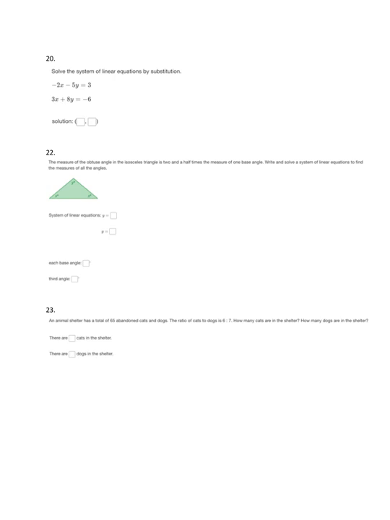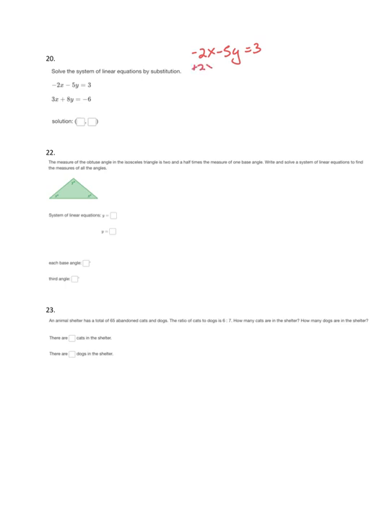So it doesn't really matter which one you solve. I always look to see if one of them looks easier, and none of them look particularly easy. So I think I'll just take this first equation here, negative 2x minus 5y equals 3, and solve it for y.